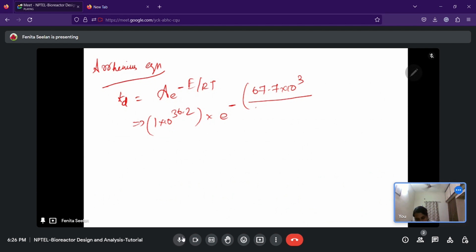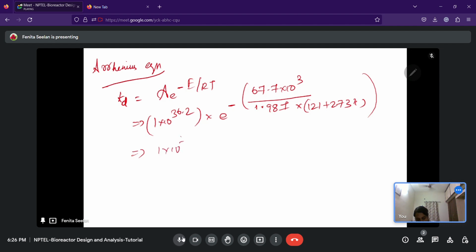And our value is 1.987 into RT. Everything here is in Kelvin, so to convert your degree Celsius to Kelvin, it is 121 plus 273 Kelvin. Then only put that in. If you start solving the problem, you will be able to get the answer.